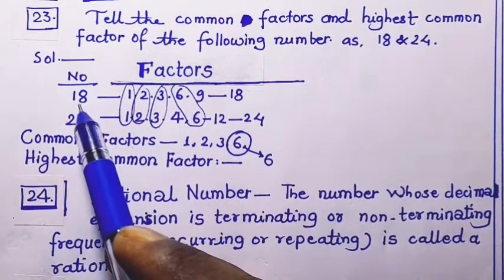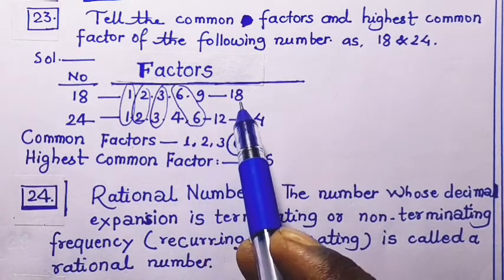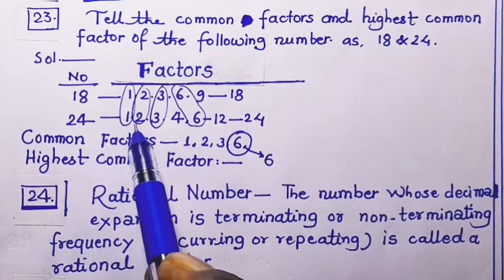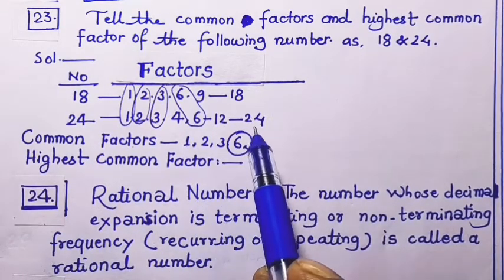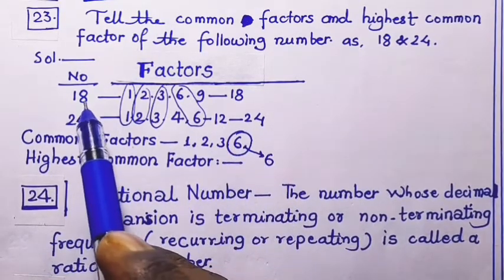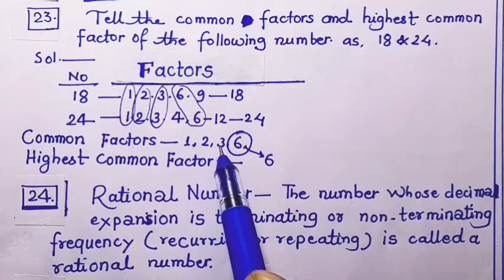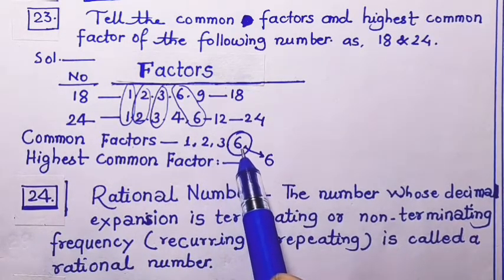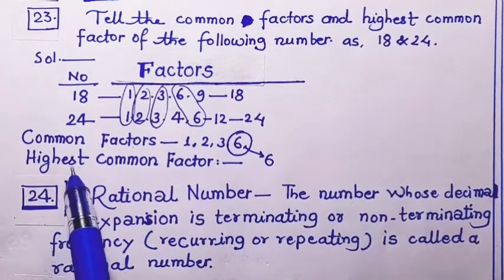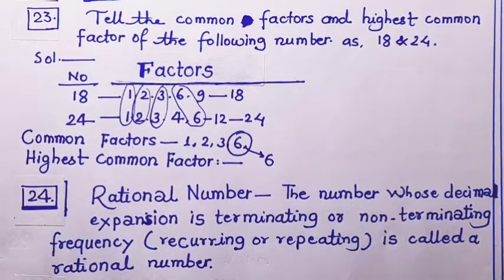The factors of 18 are 1, 2, 3, 6, 9 and 18, and the factors of 24 are 1, 2, 3, 4, 6, 12 and 24. So the common factors of 18 and 24 are 1, 2, 3 and 6, wherein 6 is the largest number, so the highest common factor of these numbers is 6.